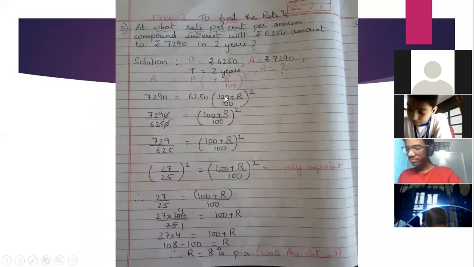Now, once I take the LCM of 1 plus R by 100, and after cross multiplying, I'll get 100 plus R. Now, some of the children, in the next step, make it 100 R. 100 plus R is never 100 R. Between 100 and R, there is a plus sign, and 100 and R are unlike terms.